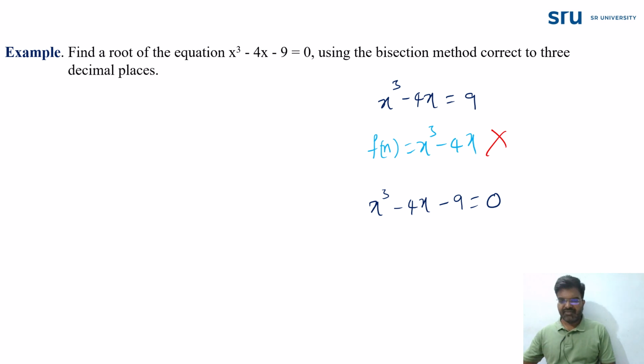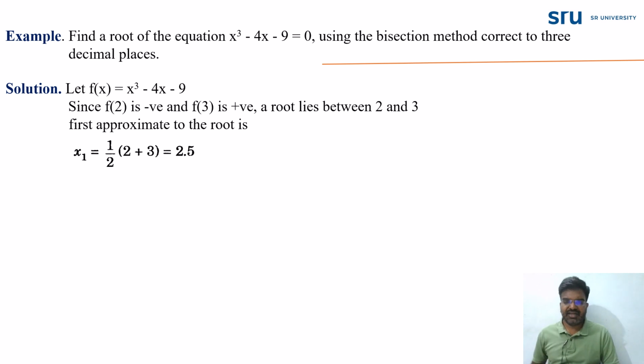So you can write here f of x equals x cube minus 4x minus 9. So this is the correct one. You have to remember this. First you have to equate that expression to 0. Then you have to write the left hand side polynomial or left hand side function as f of x.